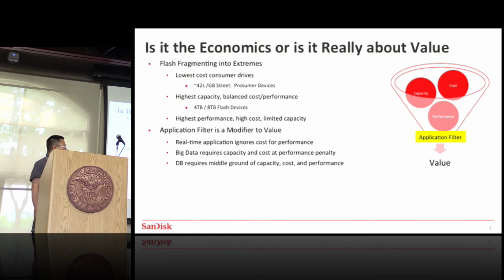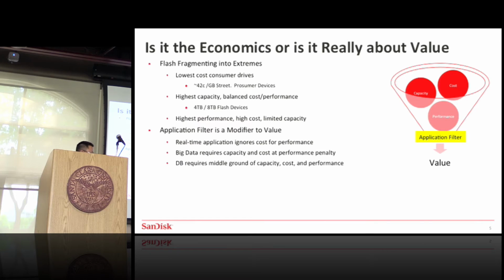The prosumer drives at that price point, when you look at erasure coding on top of that, at a very wide striping of about 15% overhead, something like a 15 plus 2, you're looking at maybe 50 cents a gigabyte for the storage. Well, actually, it's about 60 cents a gigabyte for the storage local to a server, all flash.